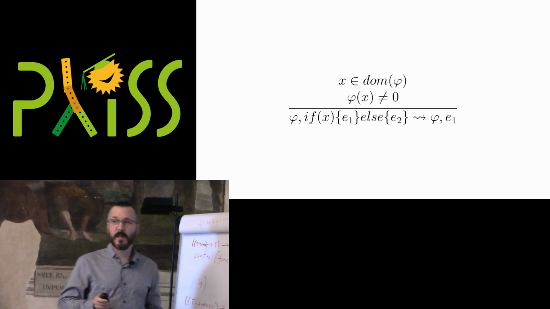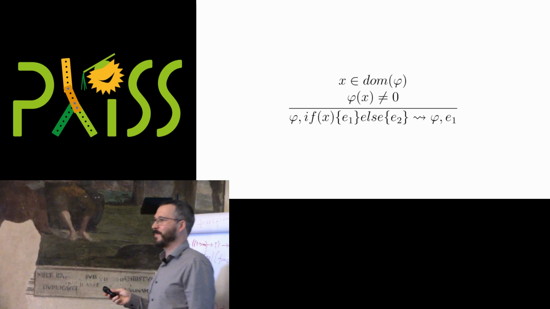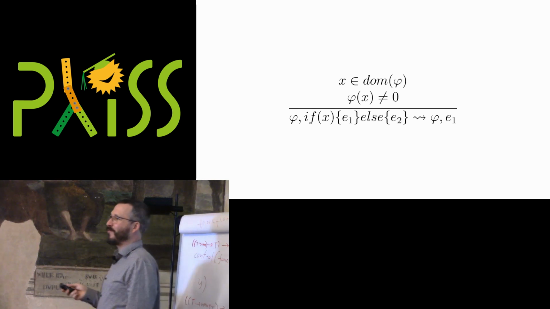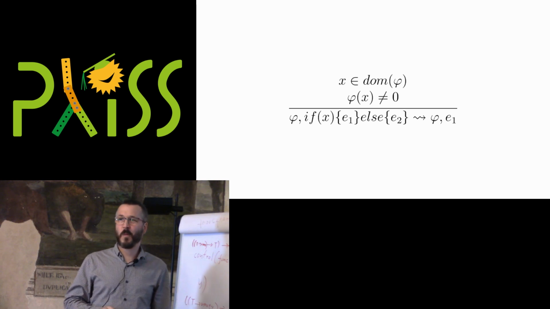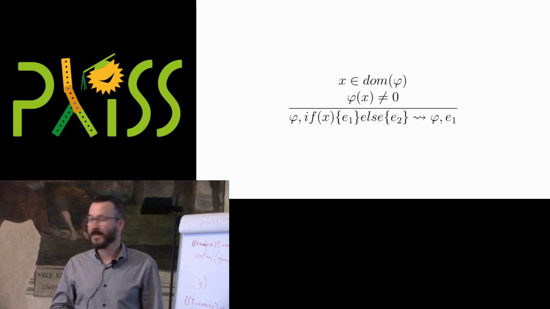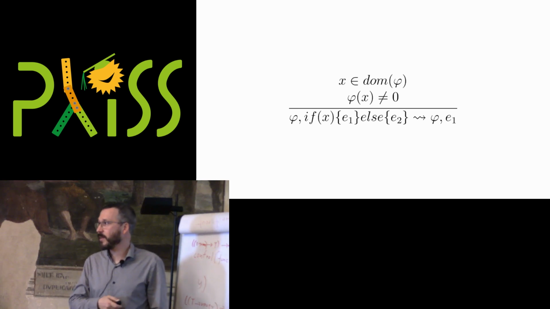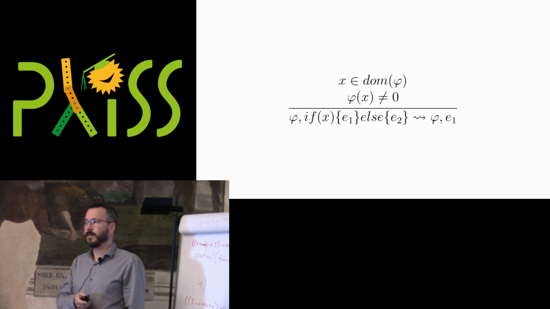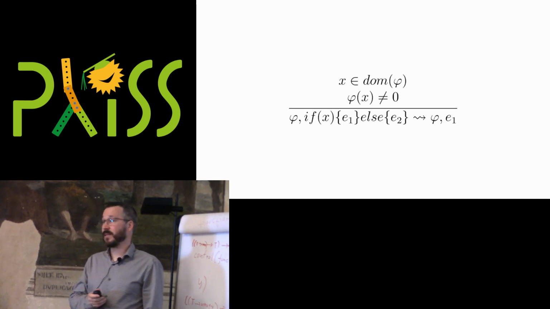So how about this? Anyone want to have a go at this? This leverages the rule that we had just before, particularly that top one. All right, so we're just going to start by saying it's if x, right? So this is clearly a conditional. And x is going to have to be in the domain. Otherwise, it's an invalid rule.